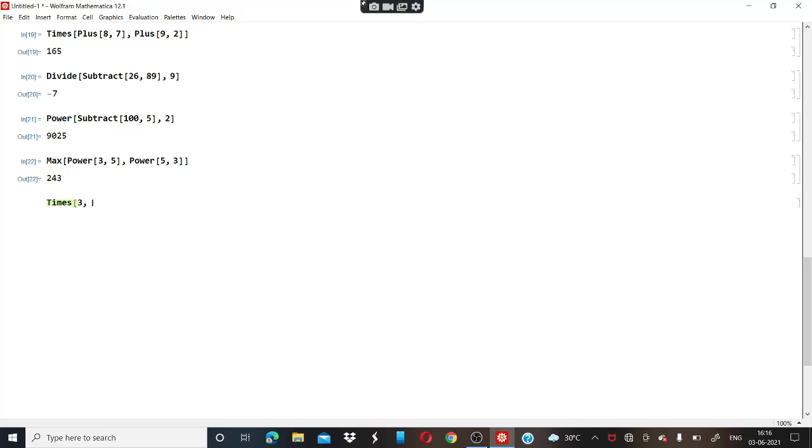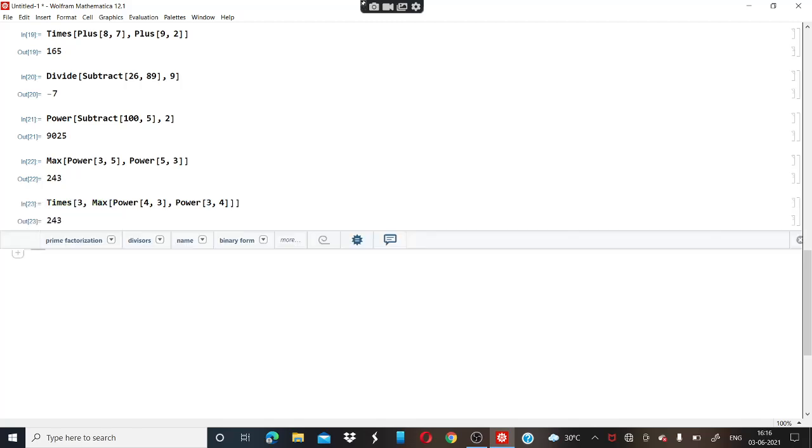So we use max, then bracket, and for power we use power: 4, 3, bracket close, comma, power, bracket 3, 4, and we close the bracket. Then shift and enter and we get the result as shown here.